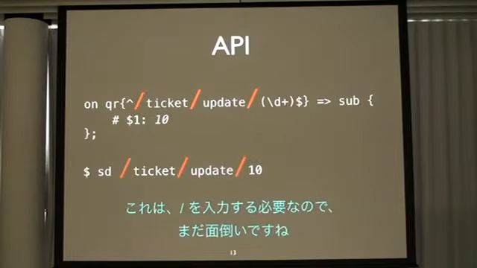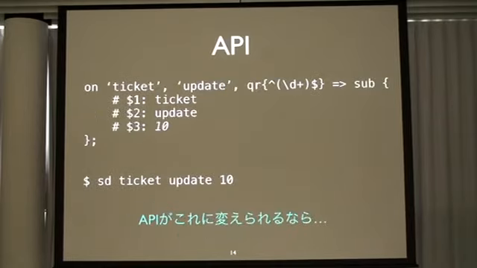So the problem with porting Jifty Dispatcher directly is that it still uses slashes for everything. And if we have the slashes in the pattern, then the user has to type the slashes, and that's kind of junky. So instead you can just pass a list, and we parse it based on whatever makes most sense for the interface you're using.